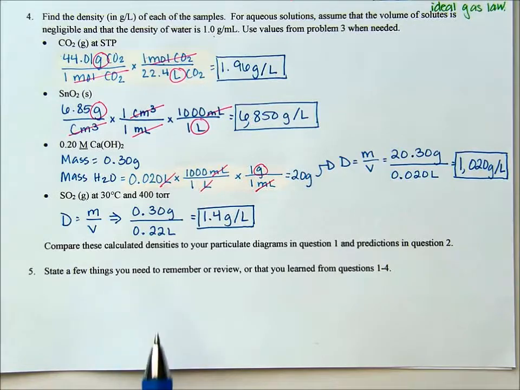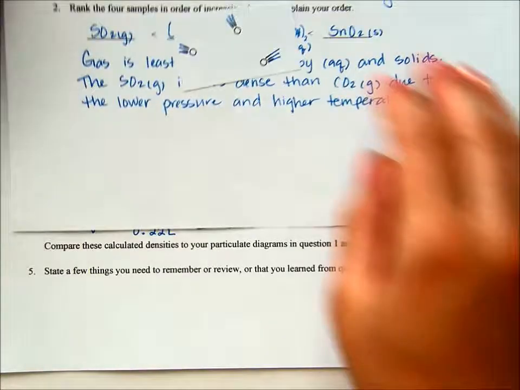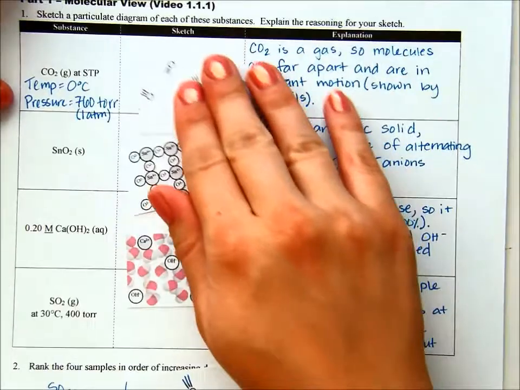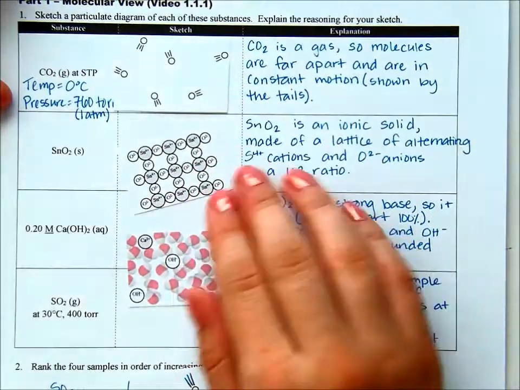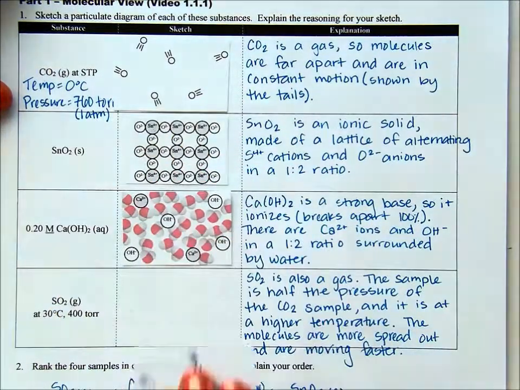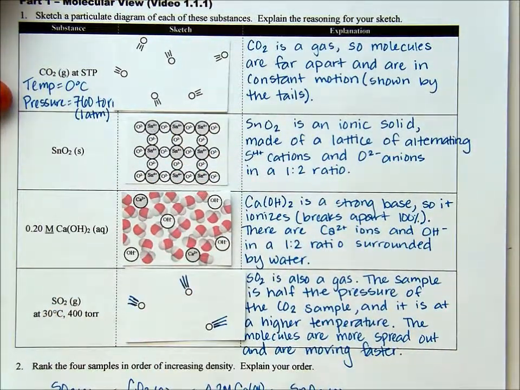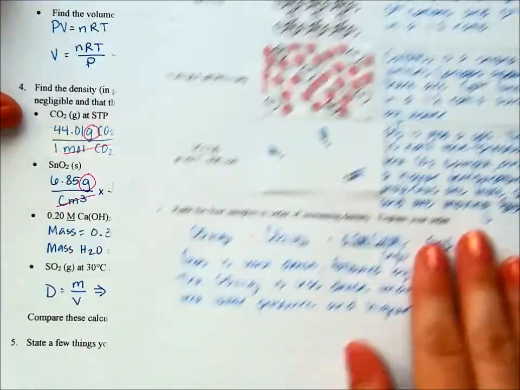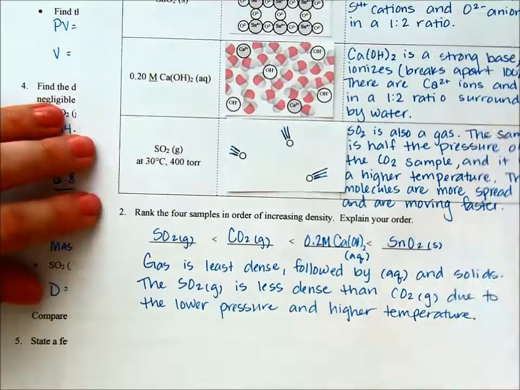Okay, so those are all of our densities for our samples. It says compare these calculated densities to your particulate diagrams in question 1 and predictions in question 2. So let's go ahead and take a look at question 1 again. Here was our part 1. And so we said that SO2 was the least dense. So let's take a look at our densities.